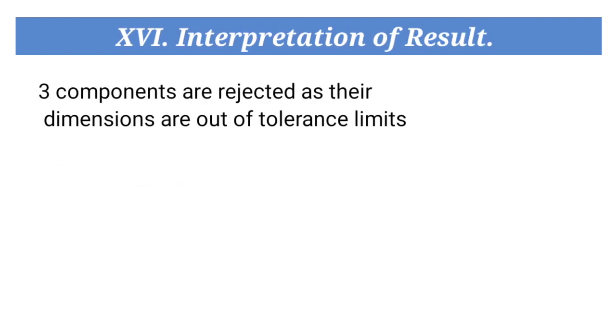As we have checked 4 components by using this comparator, among the 4 only one has dimensions which lie within the tolerance limit, and 3 components have to be rejected as their dimensions are out of the tolerance limit.